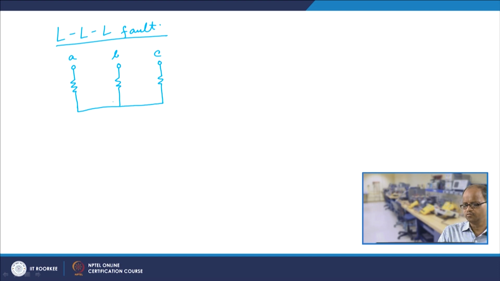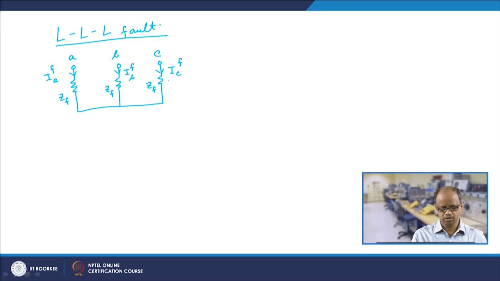So this is an LLL fault, with phases A, B, C. Please note that. This is IAF, IBF, ICF, and these are all given as ZF. Let us say that this point is the neutral point N.